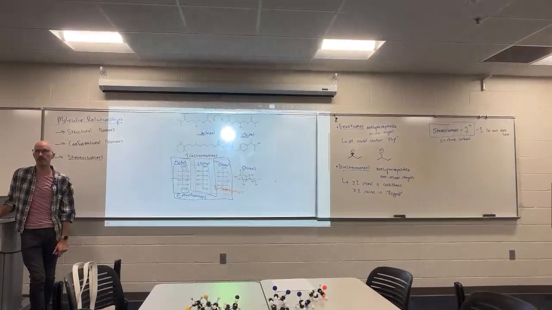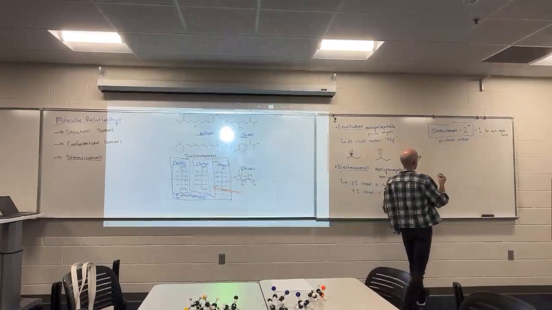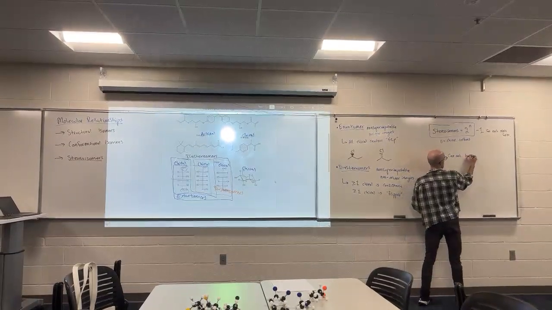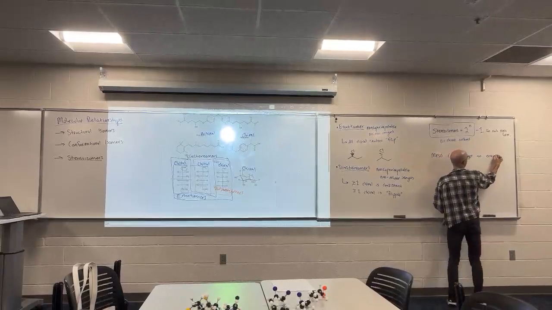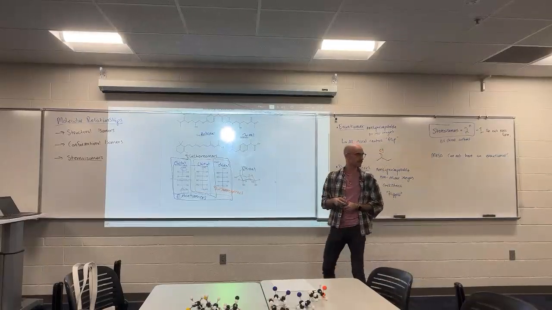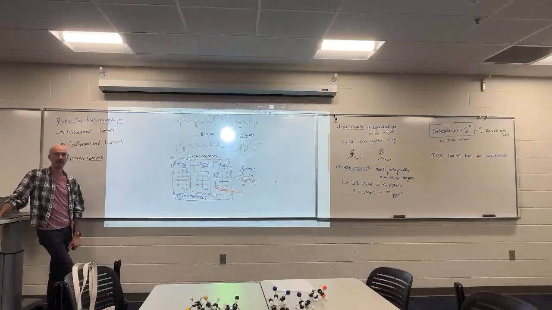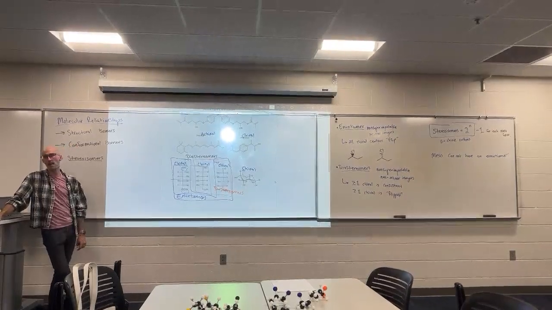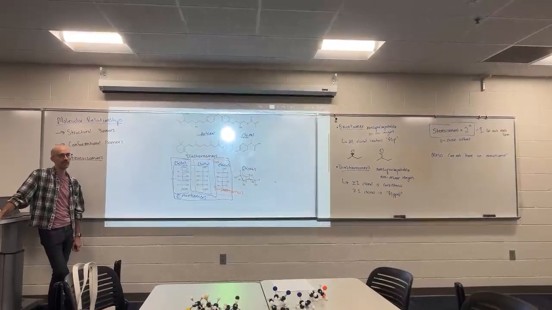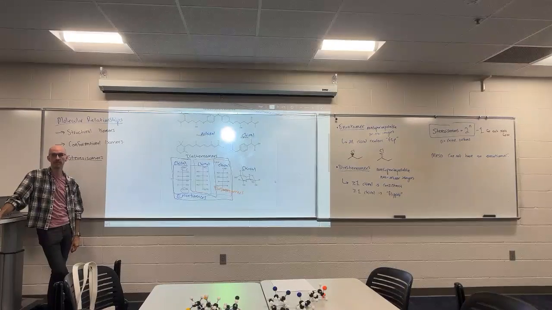Meso compounds do not have enantiomers. So 2 to the power of n minus m, where m is the number of meso forms. And if there are 0 meso forms, you subtract 0.